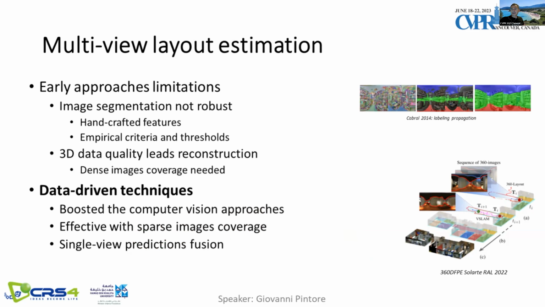Such techniques are effective even in case of sparse image coverage. It's the typical case of the commodity panoramic acquisition. Furthermore, all the techniques seen for the single image prediction can be exploited also here in order to merge the results.